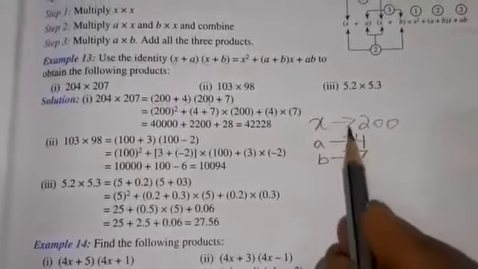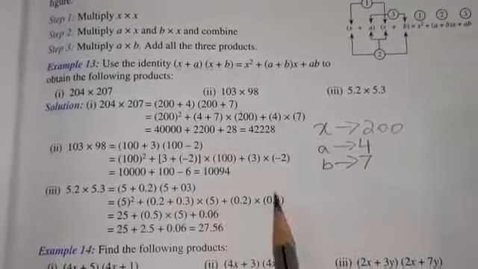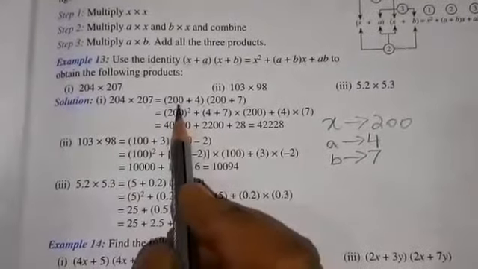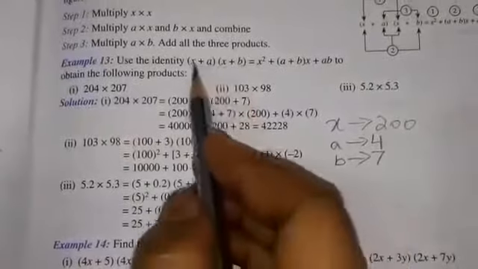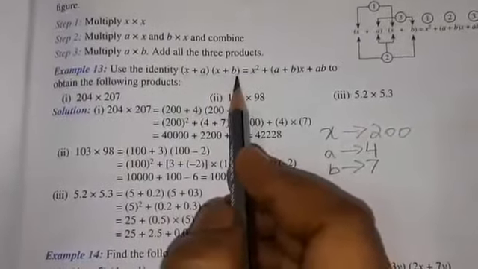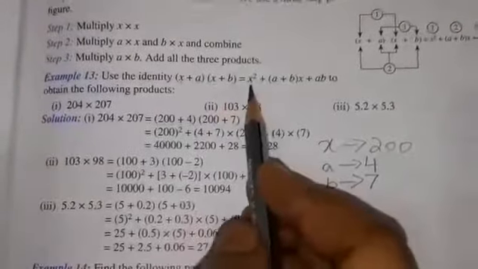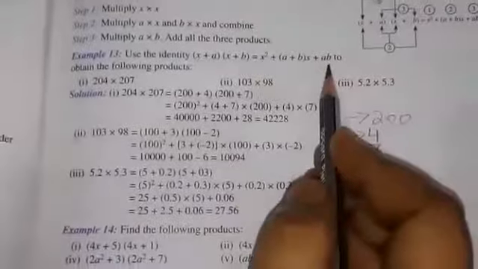Now clearly we have expressed the given question in the form (x + a)(x + b). Remember, if the question looks like the LHS of the identity, then the answer will look like the RHS of the identity. You need to work the answer using the RHS of the identity.